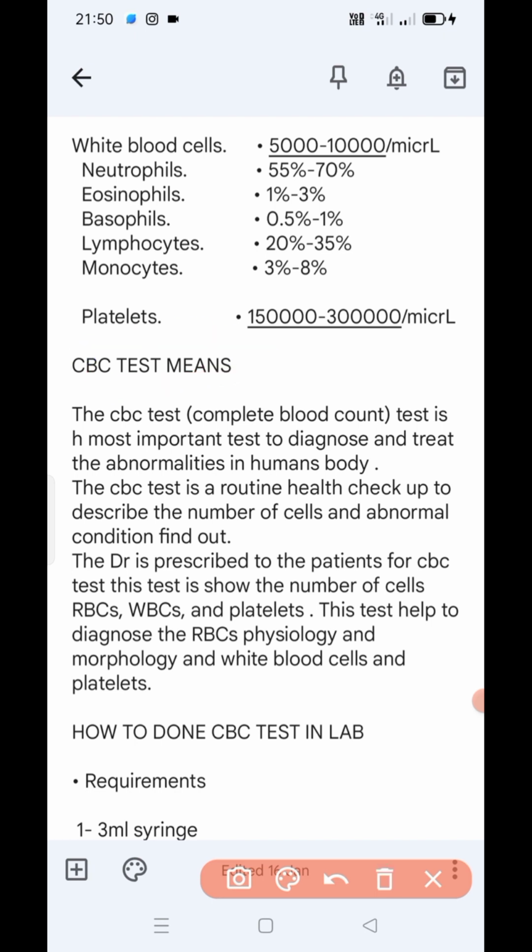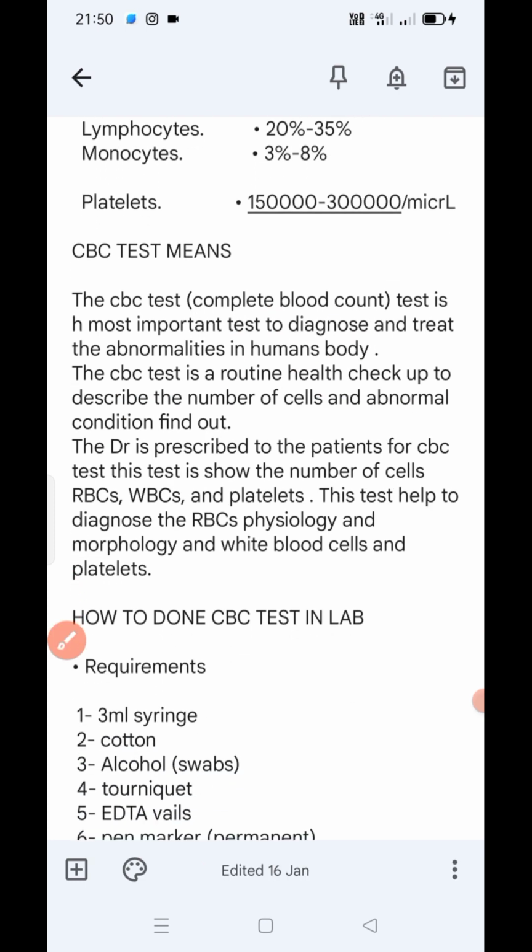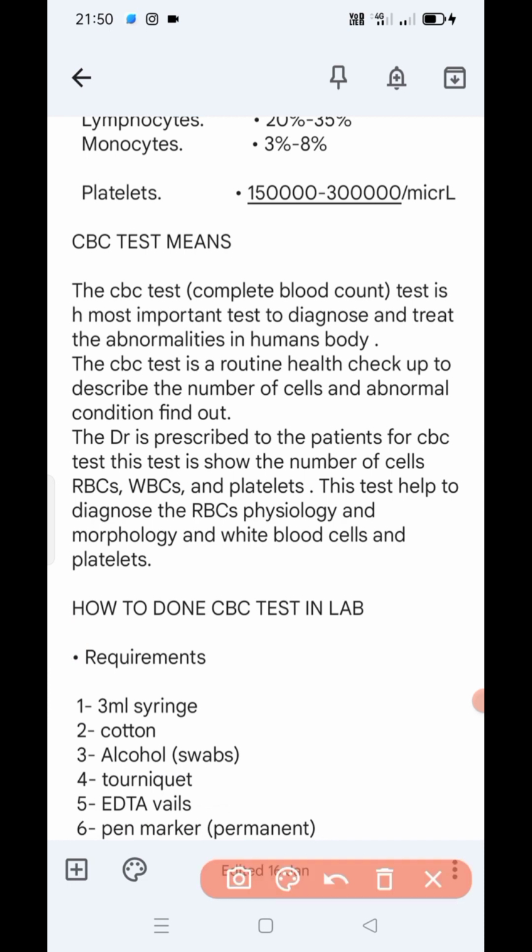The CBC test, the complete blood count test, is the most important test to diagnose and treat abnormalities in the human body. The CBC test is a routine health checkup to describe the number of cells and find out abnormal conditions.